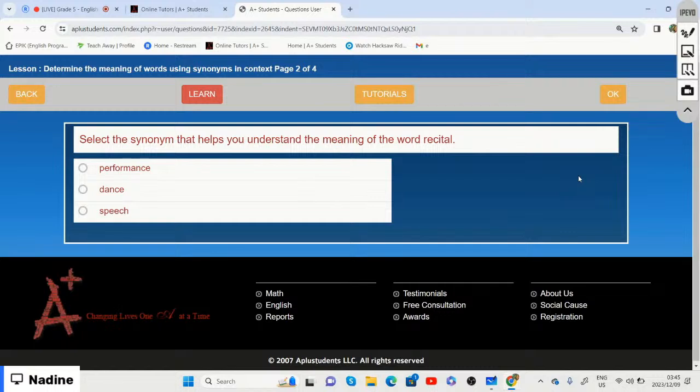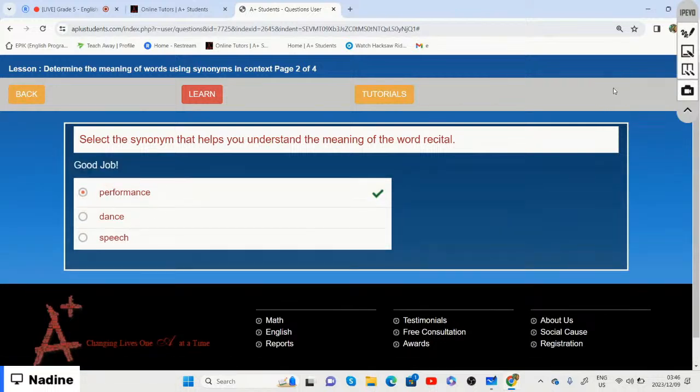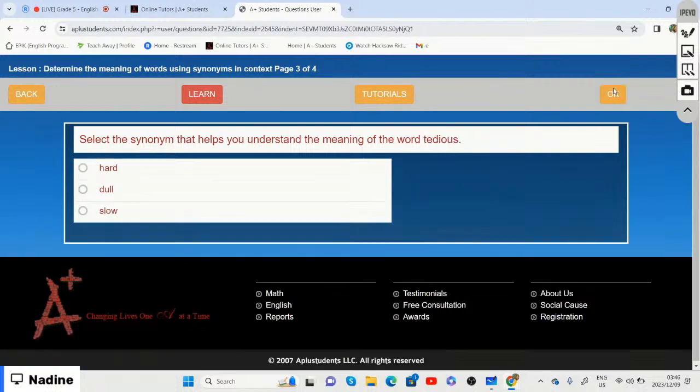Where somebody is doing something on stage. So we can say it is a performance because they are performing, they're reciting something. So performance is a recital.